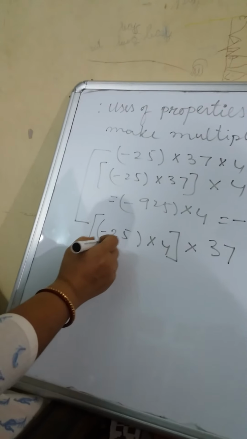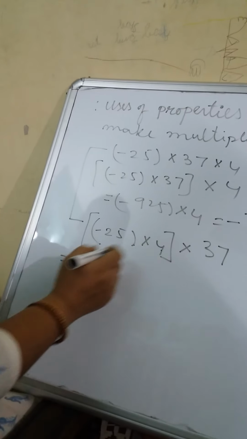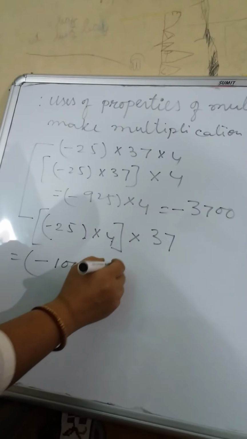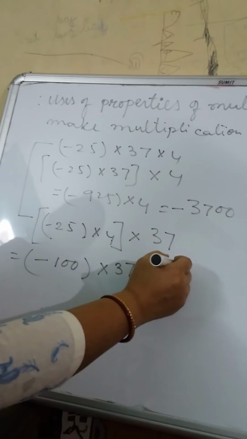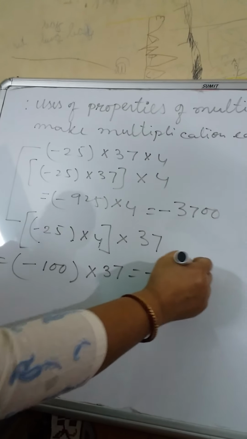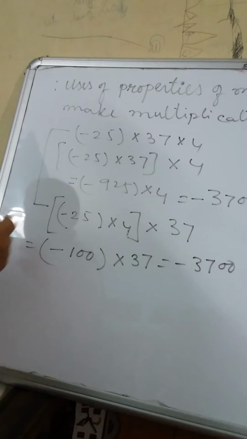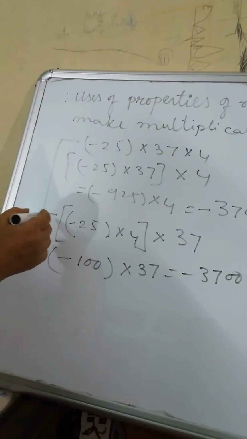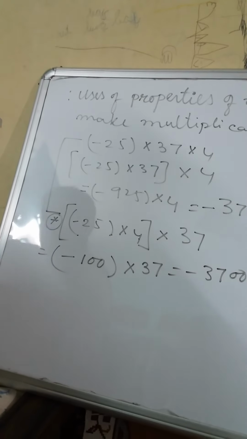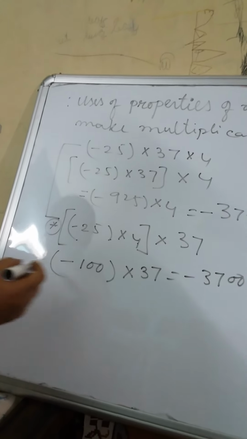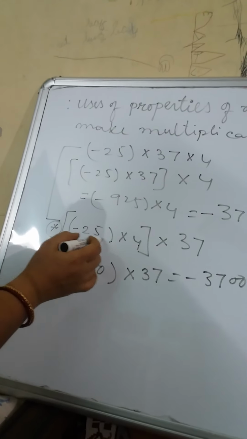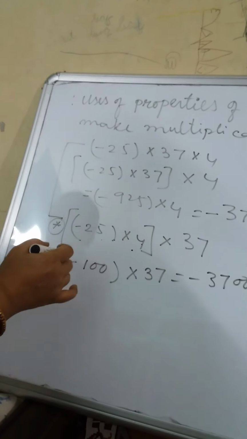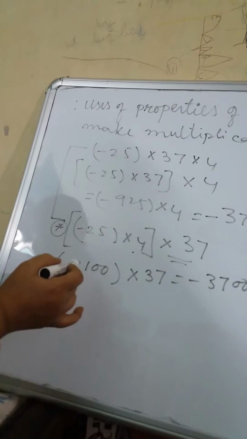And you all know minus 25 into 4 is minus 100, into 37 is minus 3700. Now, you tell me which one is the easier way. Obviously, this one is the easier one, because multiplication of minus 25 into 4, that is minus 100, is easier to multiply with 37.